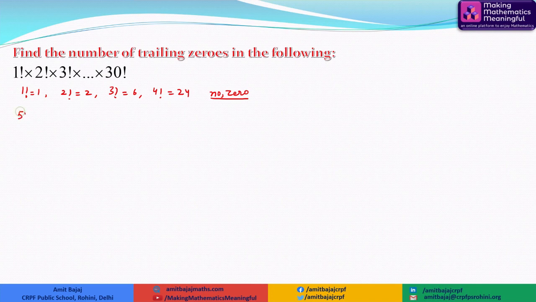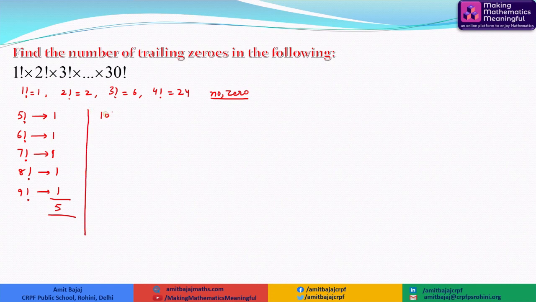So clearly 5 factorial will give us 1 zero, 6 factorial will give us 1 zero, 7 factorial will give 1 zero. Similarly, 8 factorial and 9 factorial will give us 1 zero each, which totals 5 zeros.